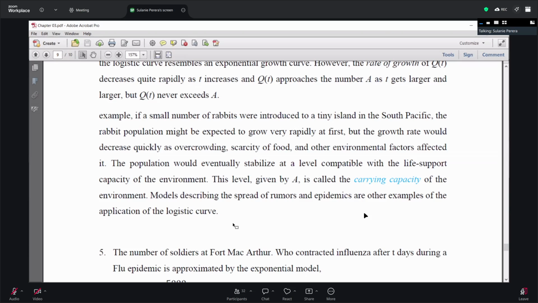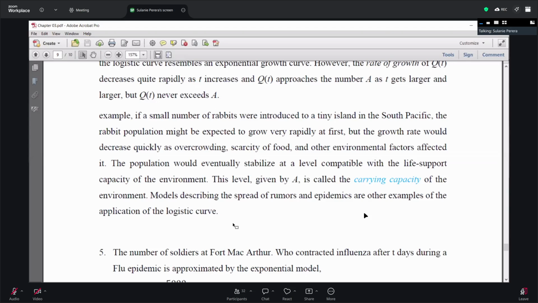When the population increases, there is always a competition, right? Competition for food, competition for shelter. Because of this competition, the growth rate will decrease.